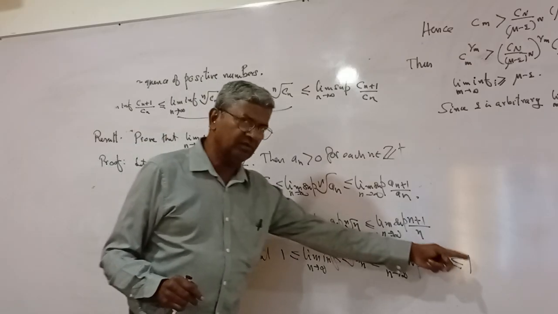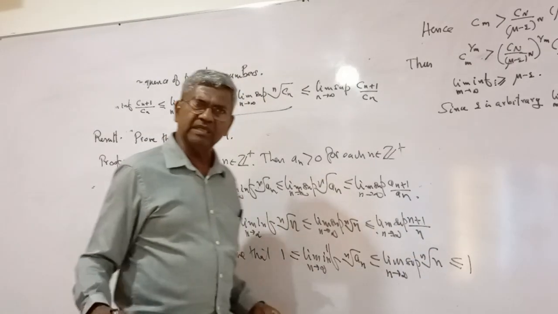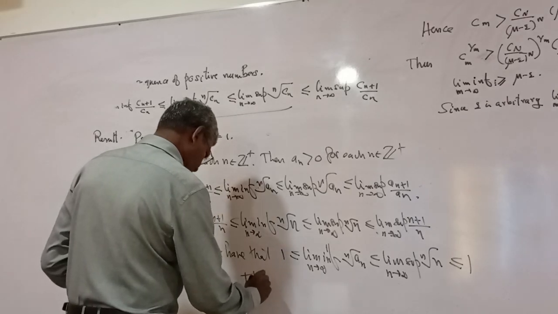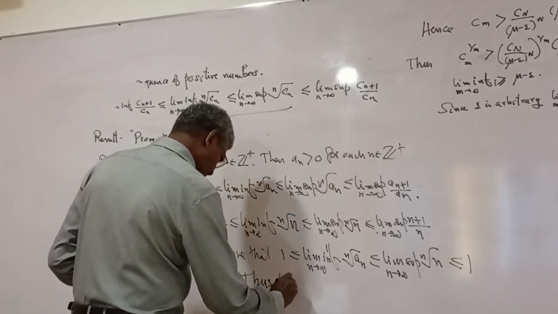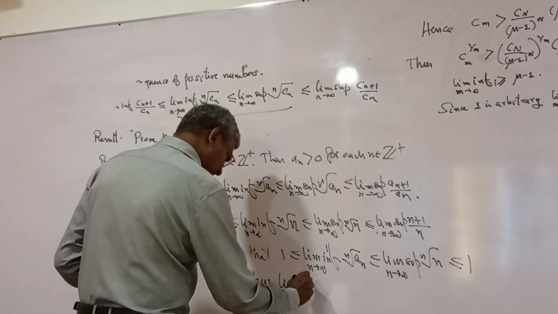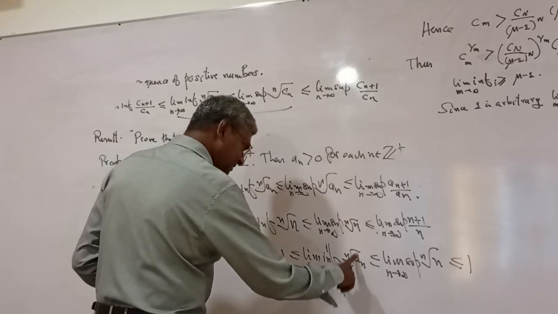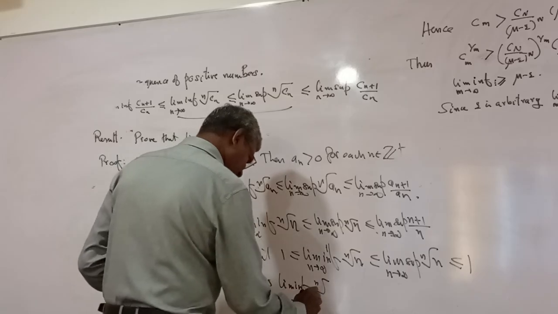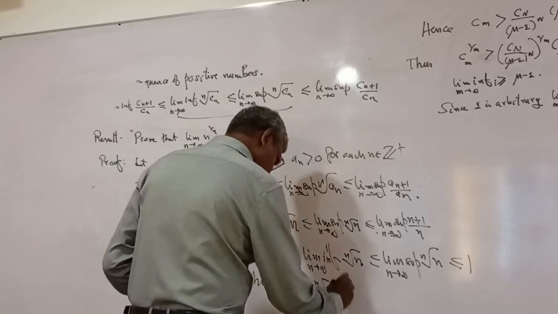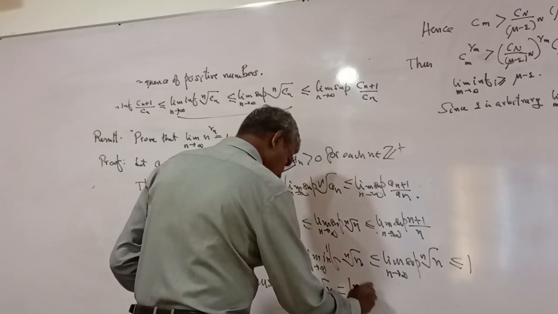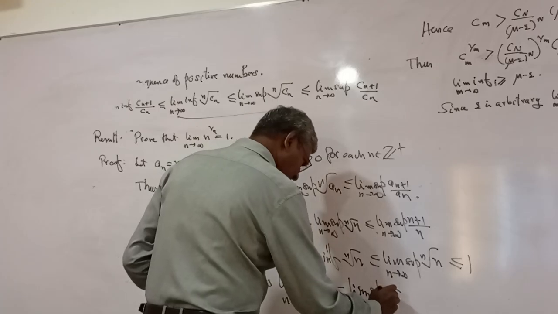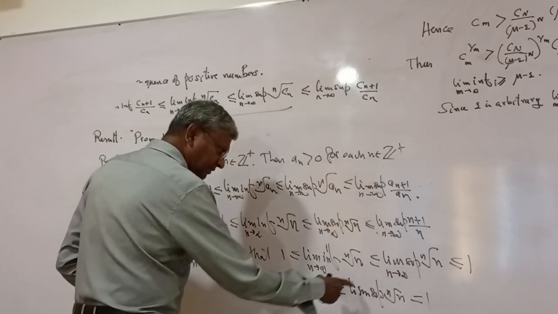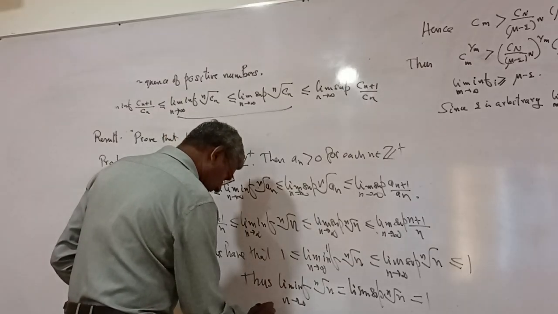Here you have 1, over there you have 1, therefore all the terms must be equal to 1. Thus, lim inf of the nth root of n is equal to lim sup of the nth root of n, which is equal to 1. Both are equal, therefore the limit exists.